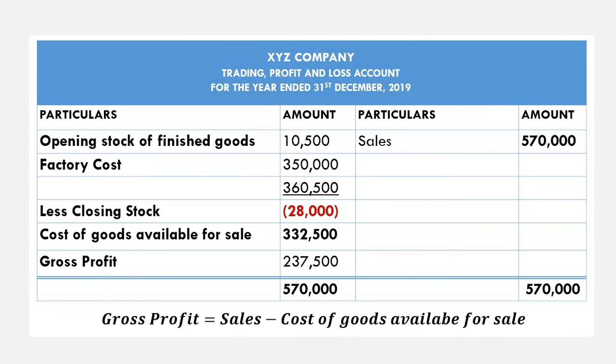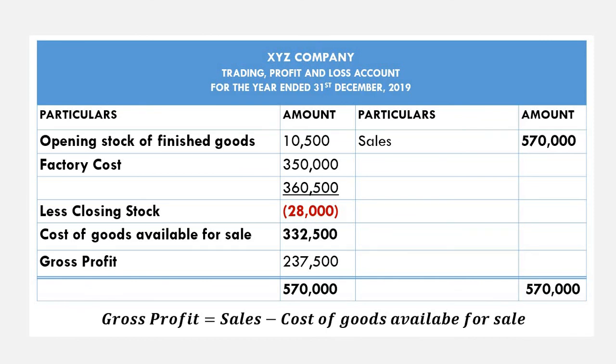Here, our opening stock of finished goods amounted to 10,500. We add the factory cost, which is 350,000. Now, this is what was transferred from manufacturing account here into trading account. When the two are added, we get 360,500.